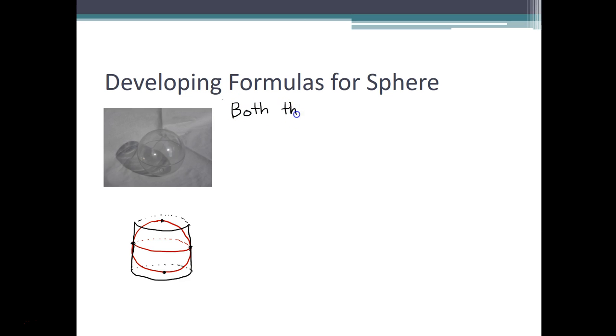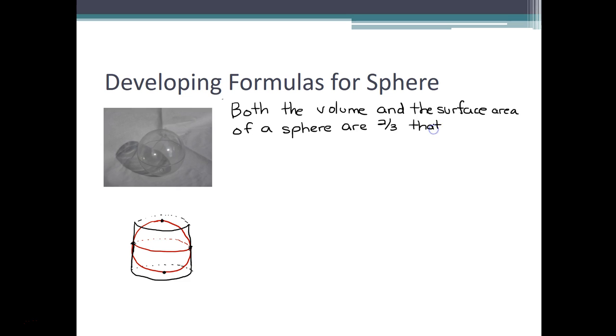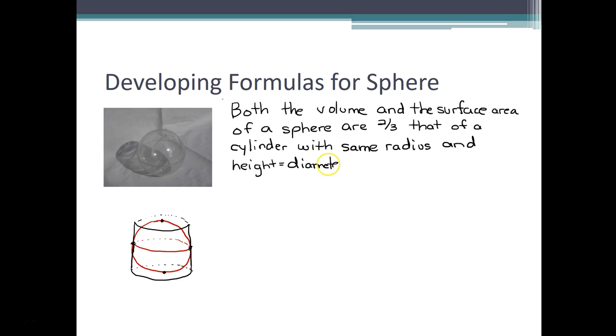Both the volume and the surface area of a sphere are 2/3 that of a cylinder with the same radius and height equaling diameter. So in other words, the height of the cylinder is the same as the diameter of the sphere.